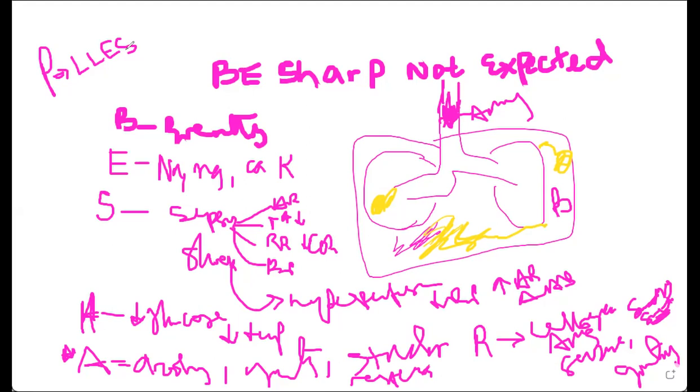You can have glaucoma that will increase the pressure in your eyes. If you don't do something about it, the patient may lose their eyes. Or you can have acute onset retinal detachment, and this pain needs to be taken care of right away, such that if you don't do anything, they may lose their eyesight. So life, limb, eyesight kind of pain is a priority. So we're looking for the B sharp, not the expected.